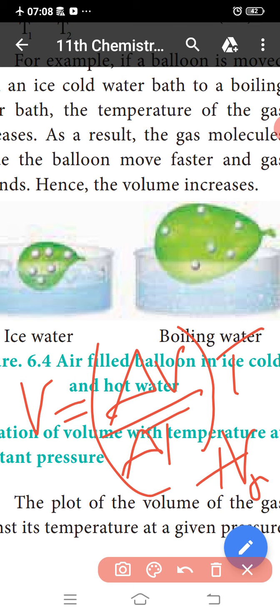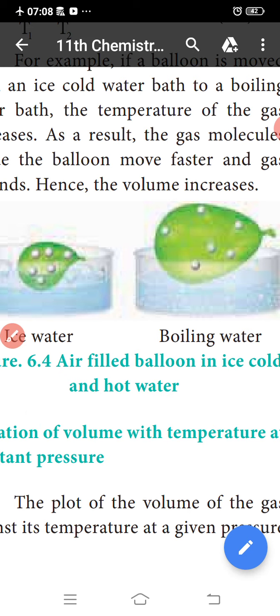Gay-Lussac found that under constant pressure, the relative increase in volume per degree increase in temperature is the same for all gases.